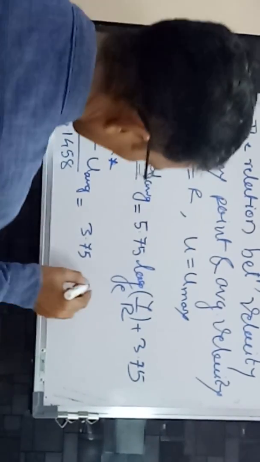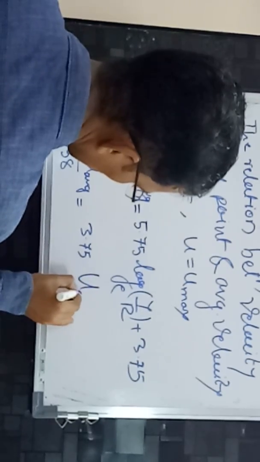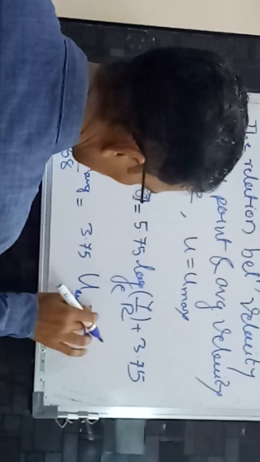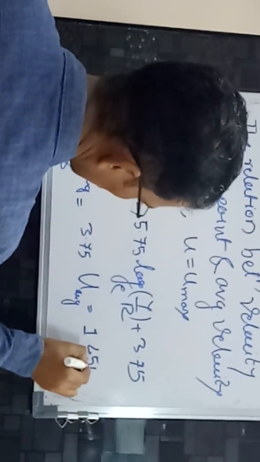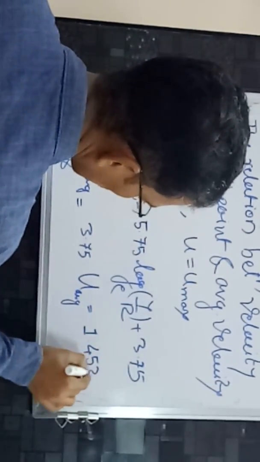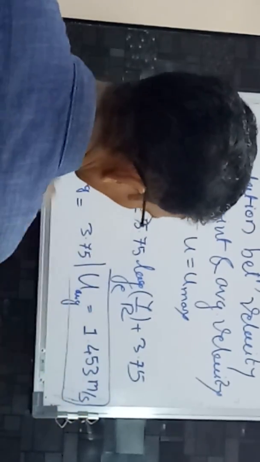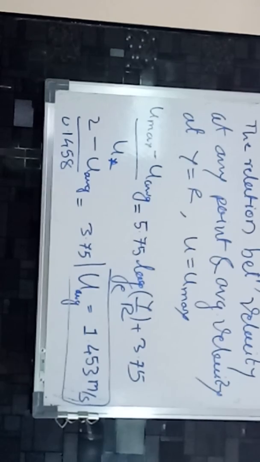So ultimately average velocity will come 1.453 meter per second. Okay, so this is your average velocity.